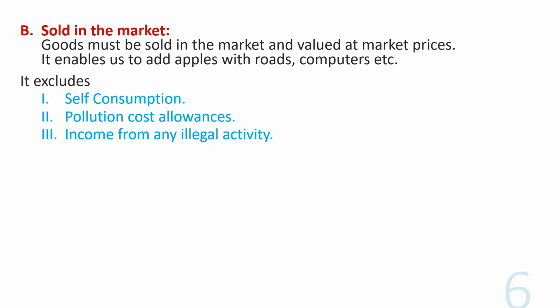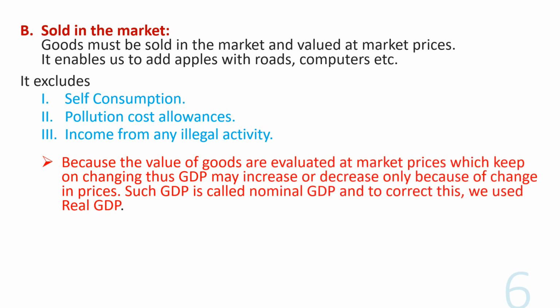It is also important to note that as the value of goods and services are evaluated at market prices, which keep on changing, therefore, GDP may increase or decrease only because of change in prices. Such GDP is called nominal GDP, and to correct this, we use real GDP.